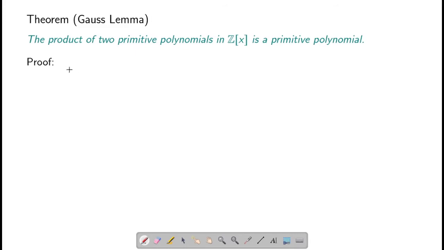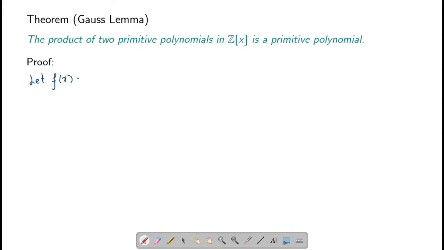Now, we will prove an important result in the ring Z[x]. We will show that given two primitive polynomials in Z[x], their product is again a primitive polynomial. Suppose f(x) and g(x) are two primitive polynomials in Z[x].